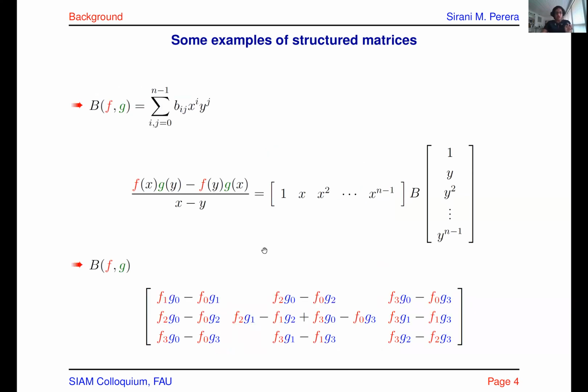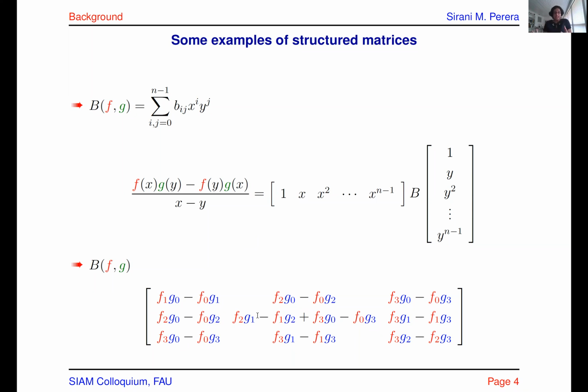And then the matrix that you see here is called the Bezoutian matrix. That matrix is constructed by taking the coefficients of the polynomials. Recently, with my advisor, we derived a fast algorithm which uses the structure of this matrix and the confederate matrix to compute the greatest common divisor of two polynomials using n squared operations as opposed to n cubed operations.